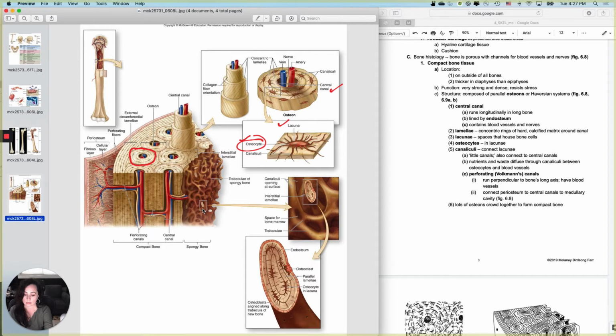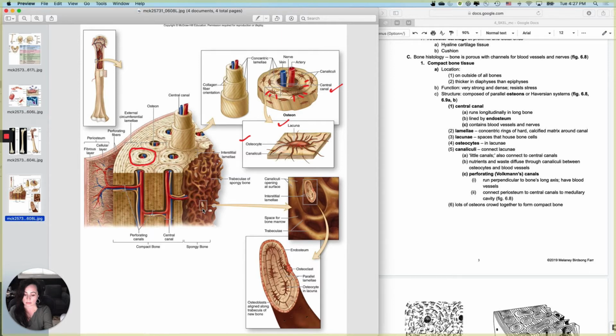And then last but not least are these little connectors, these little spokes that allow the cells to communicate with one another. Here they are up close. Those are called canaliculi, and that means little canals, and they connect one lacuna to the other. They connect cells to one another. This is how you get nutrients and waste back and forth from like the central canal all the way out to the edge of the osteon, and then all of the stuff back in. Okay, so those are all the things you learned before.